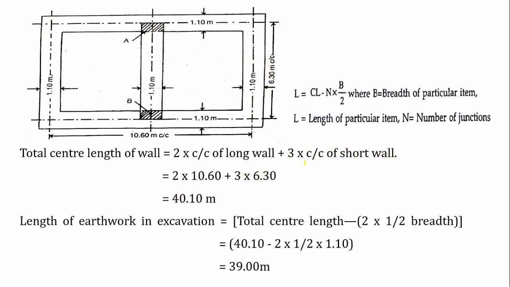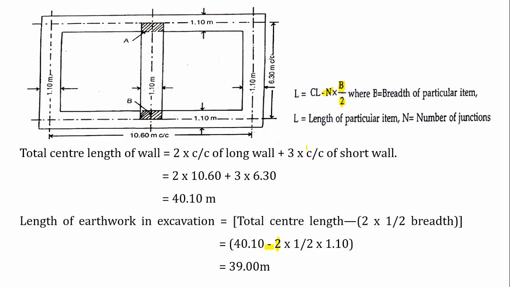Right? So for example, if you want to calculate now the length of earthwork excavation, how do you calculate? We will substitute in this formula itself. That is CL is nothing but center to center length. Center to center length is how much? 40.1 meters, minus N. N is nothing but number of junctions, that is 2, into width of the item divided by 2.